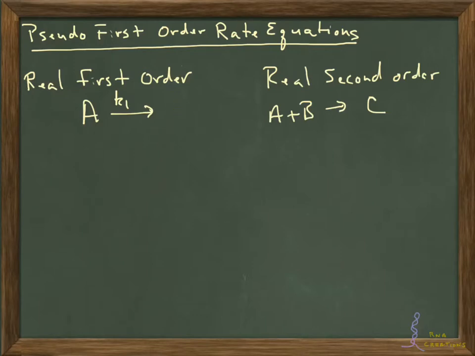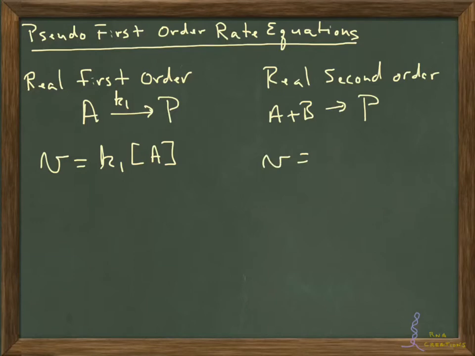Sorry, let's make it P in both cases, so that we don't have B being a reactant in one case and a product in another. All right. So we know how to write down the rate law just by inspection. Let's put K2 in here.